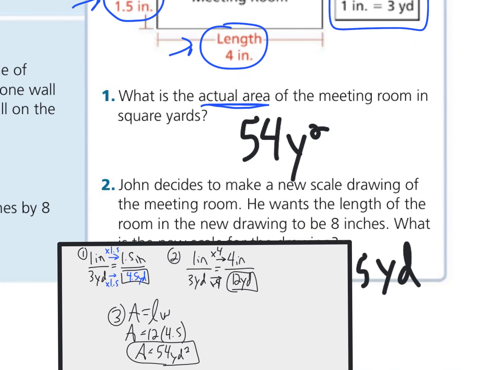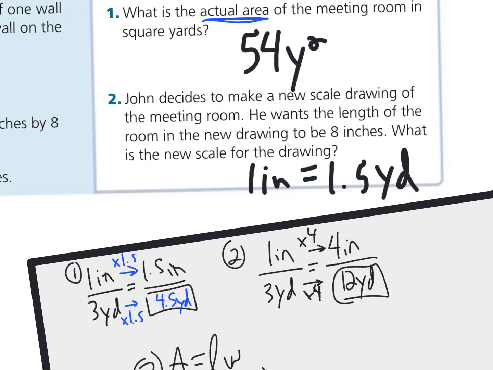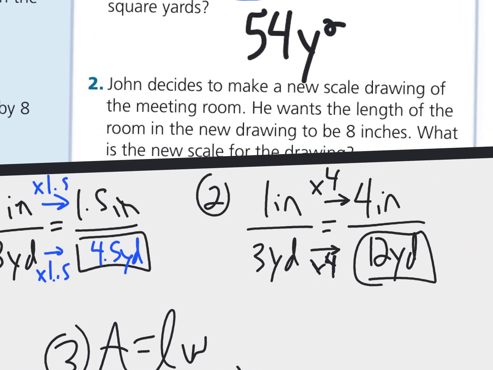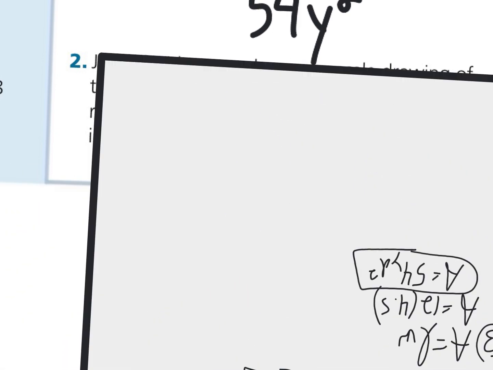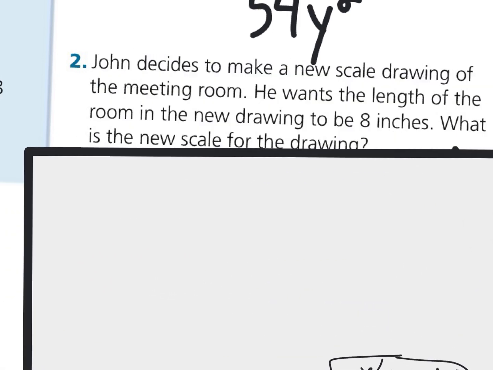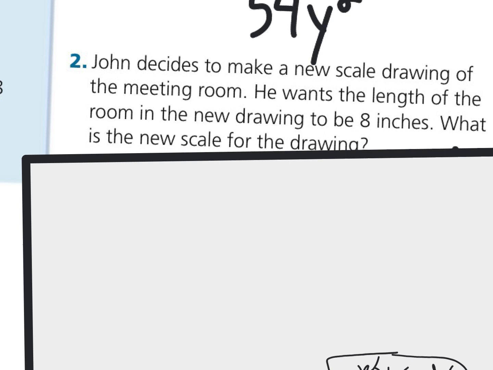So if we look at number 2, John decides to make a new scale drawing of the meeting room. He wants the length of the room of the new drawing to be 8 inches. What is the new scale for the drawing? Okay, so he's going to change it where the length is 8 inches.